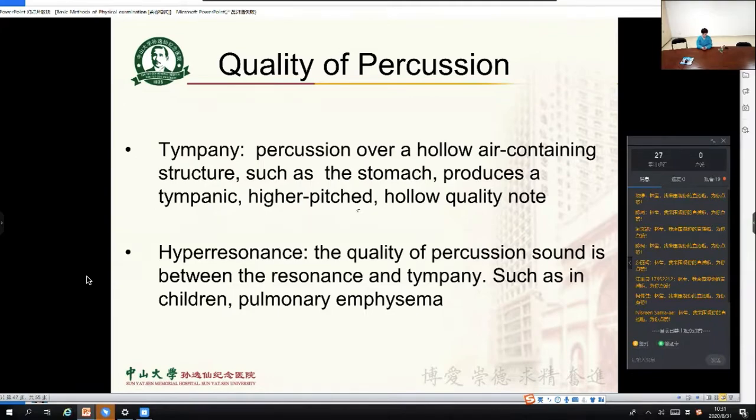If the patient has overinflated lungs, they will have hyperresonance. This can be seen in COPD patients, chronic obstructive pulmonary disease. They have overaccumulation, overfilled air in the lungs. And when we perform indirect percussion, we have the hyperresonance quality.